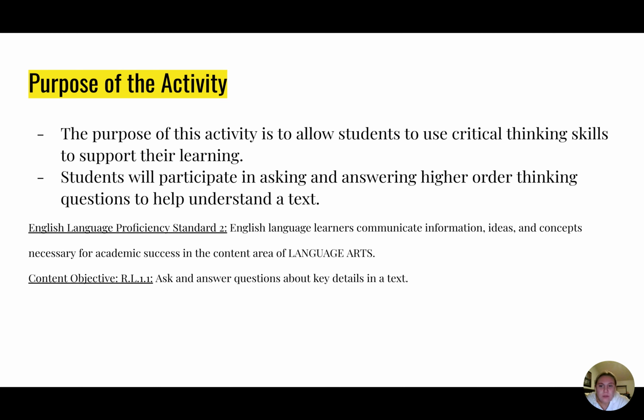And my Common Core State standard, the content objective will be that students will ask and answer questions about key details in a text. This strategy also works with speaking standards as well, because students are practicing using their speaking skills to answer these questions.